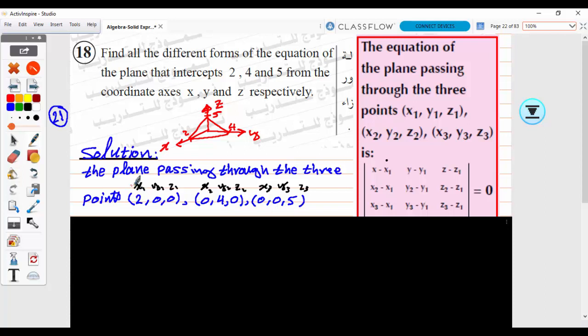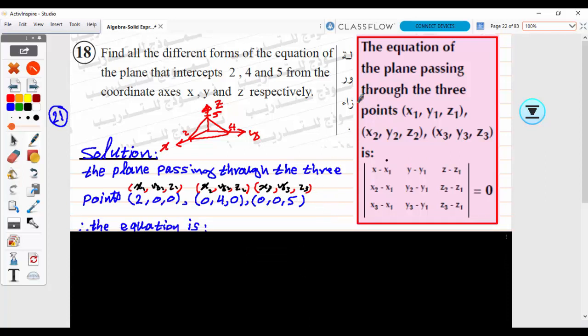So the first point is x1, y1, z1. The second point, x2, y2, and z2. The third point, x3, y3, and z3. We have a rule, a form, for this. The equation of the plane passing through the 3 points is a determinant.